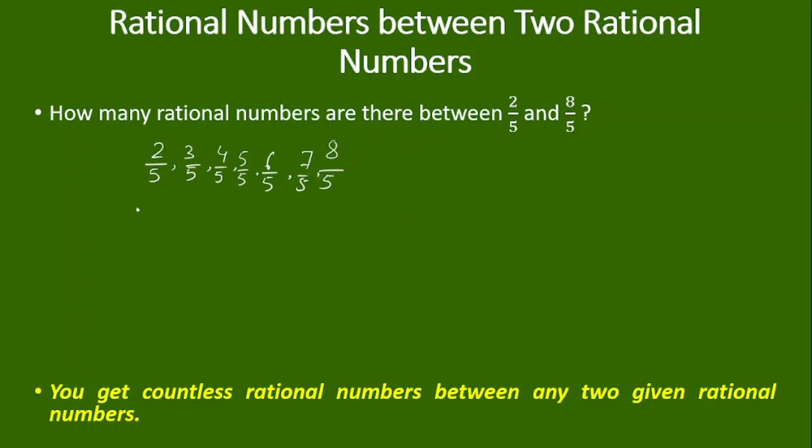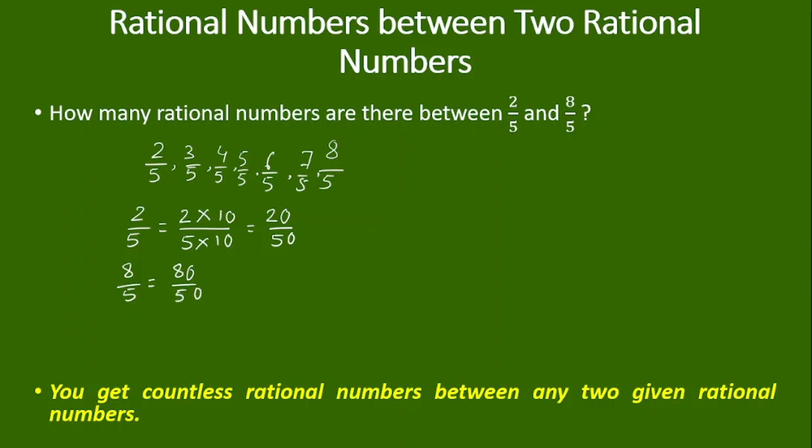Now let's see this 2 upon 5. Can I write it as 2 into 10 divided by 5 into 10? Here I am multiplying 10 in the numerator and in the denominator also, so it remains the same. So this will come as 20 upon 50. Similarly, 8 upon 5 can also be written as 80 upon 50.